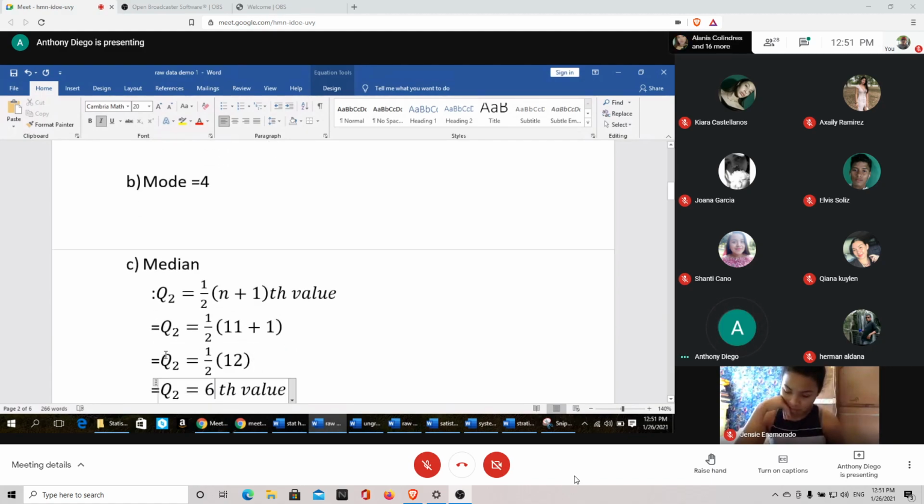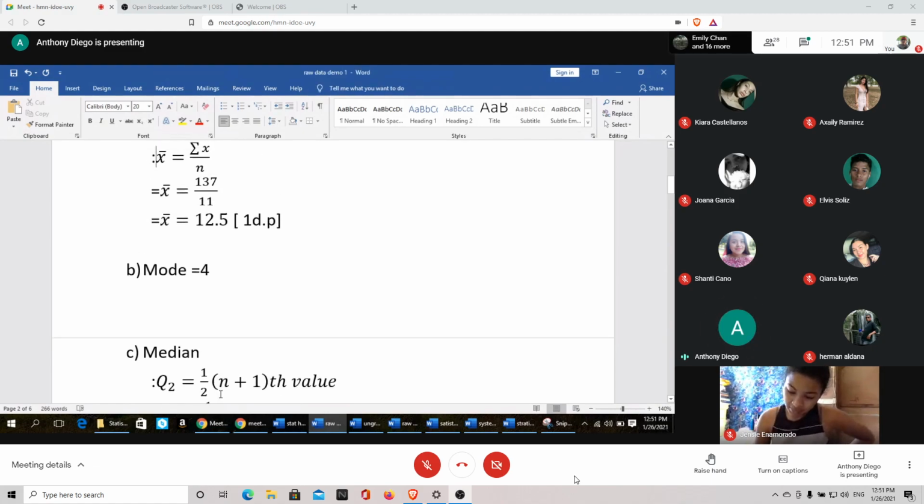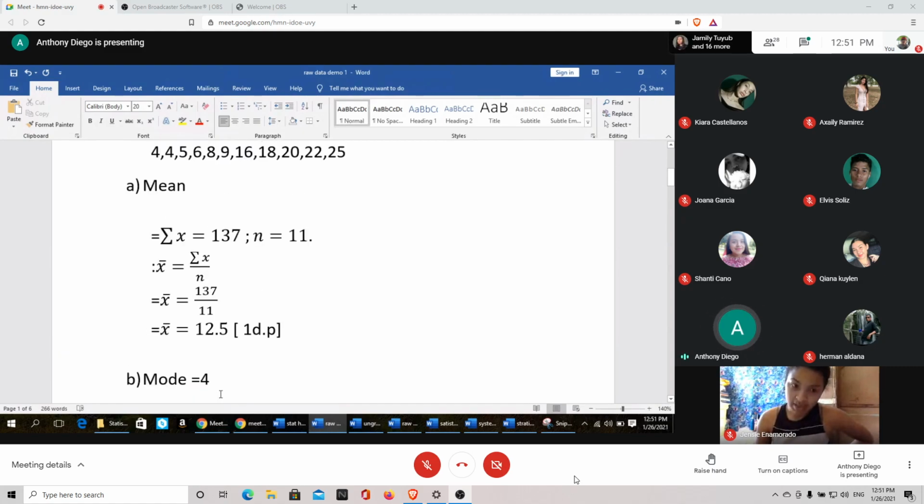Half of 12 is the 6th value. Now, having found the 6th value, that is not the answer yet. That is the 6th value. So we need to go back to our set of observations and identify the 6th value, going from left to right.